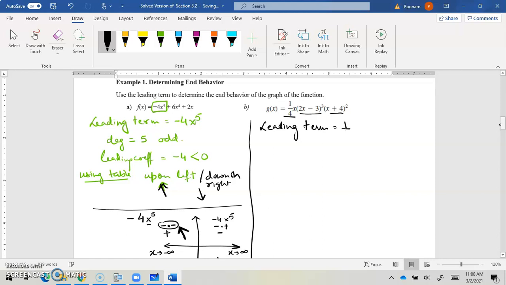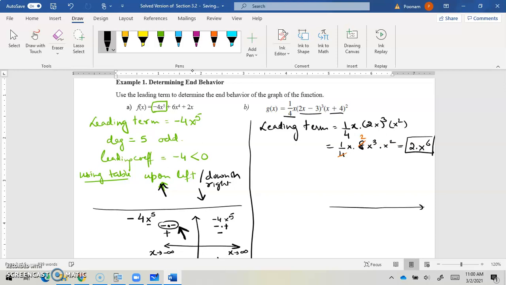The first one is 1/4 x, in this one it would be 2x cubed, the term with the highest power, and in the last one it would be x squared. So in total we have 1/4 x times 8x cubed times x squared. 4 can cancel 8 at 2, so we would have 2 times x raised to power 6. So my leading term is 2x to the power 6.